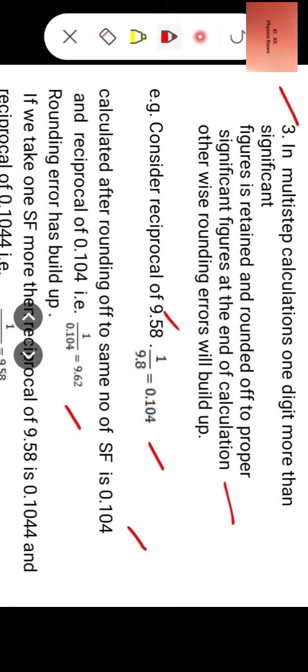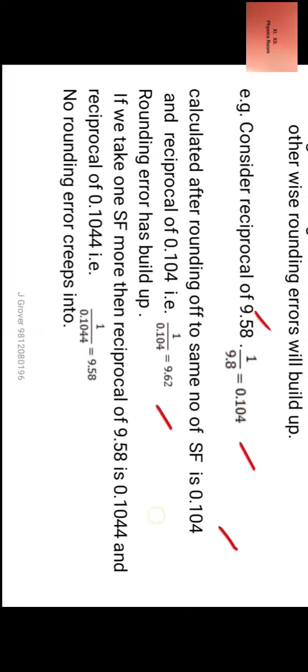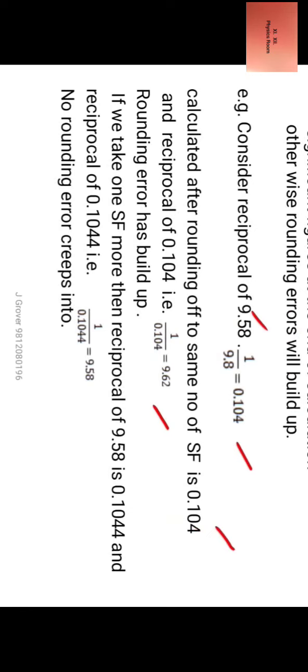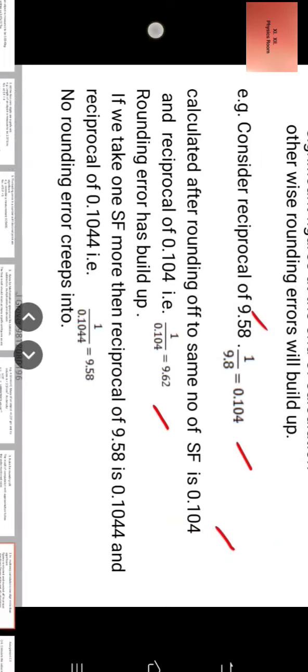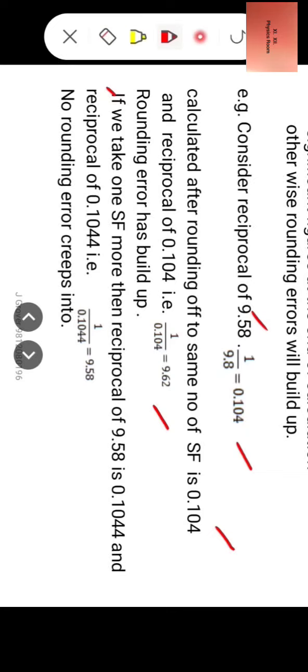If we calculate one digit more in the initial calculation, then error will not build up. Let us see how. If we take one significant figure more, the reciprocal of 9.58 is equal to 0.1044, and the reciprocal of 0.1044, that is 1 divided by 0.1044, is equal to 9.58, the original value.